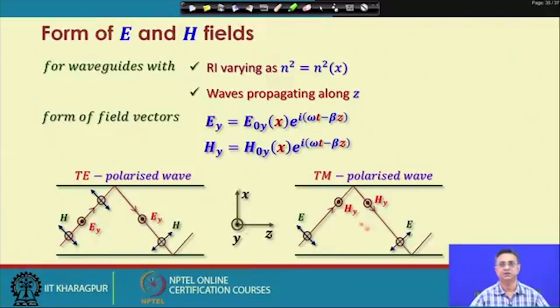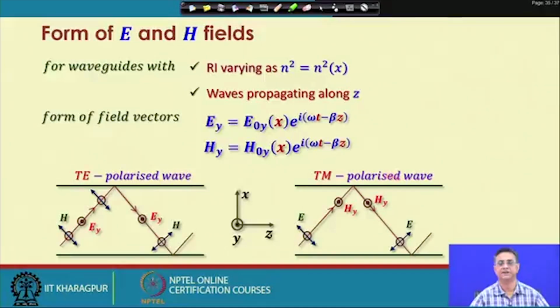In the TM polarized wave, we have the magnetic field, which is the tangential component, directed along the y direction, and the electric field will have two components. So, for the TE polarized wave, we will have three components of the field vectors, E y, H x and H z.